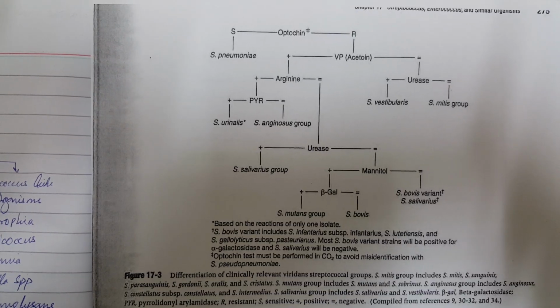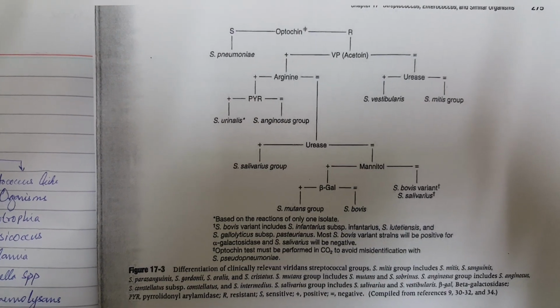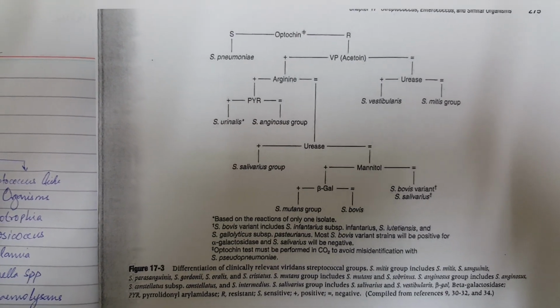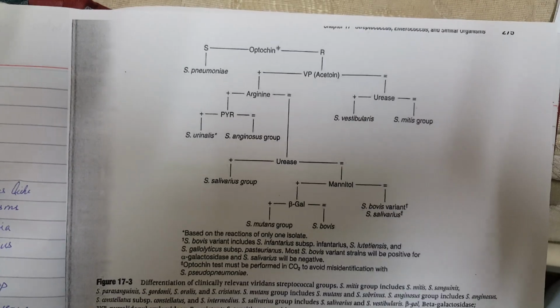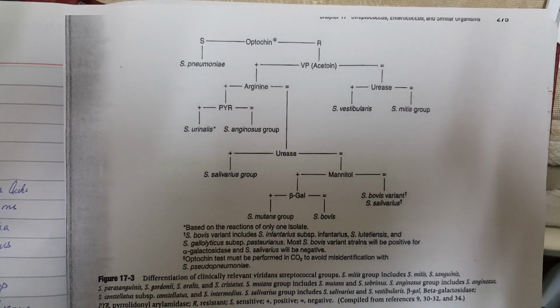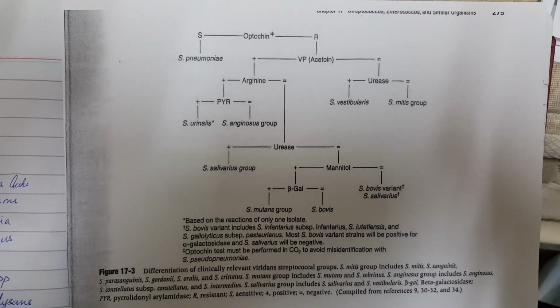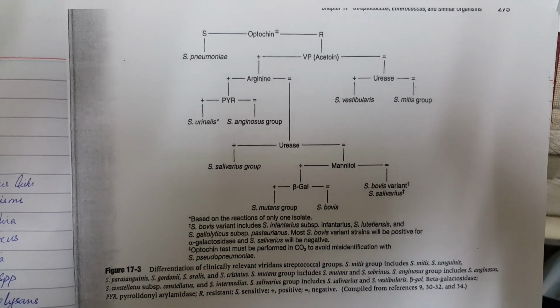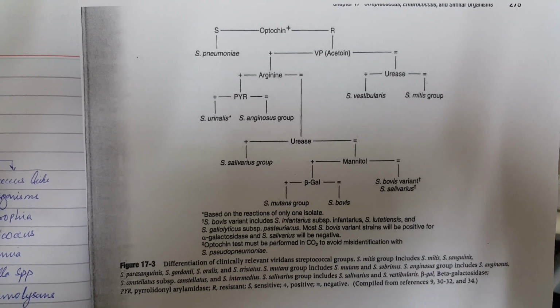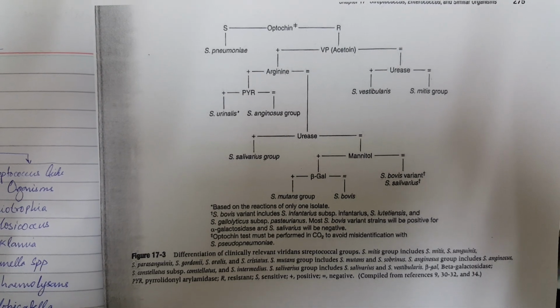This is another chart which is useful to identify the Streptococcus family, which is alpha hemolytic. Mainly, if you see, optochin sensitive is Streptococcus pneumoniae, and optochin resistant is further tested by the VP acetoin. If VP is positive, then arginine is used to test the organism.